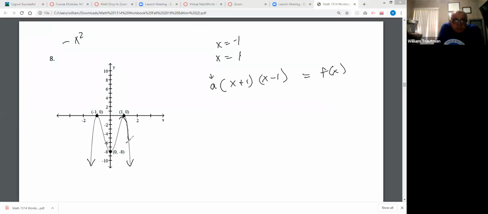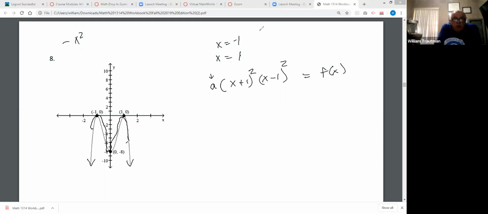This bounces off, and then the other x-intercept, it bounces off. Remember, bouncing off are even powers. So these x-intercepts have to have a 2 on them, a 4 on them, a 6 on them, something like that. It has to have an even power. Bouncing on those x-intercepts means you have an even power. An odd power goes through.